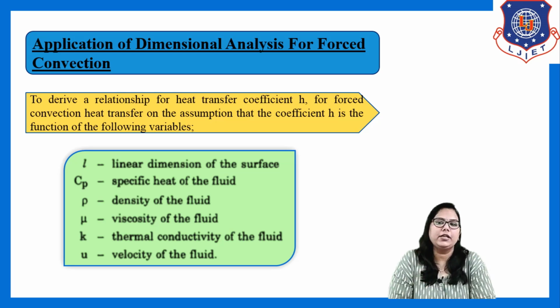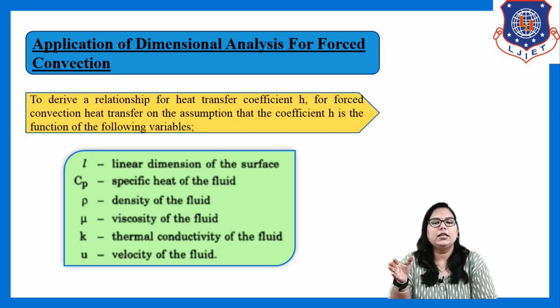Let's see what those variables are. L, which is linear dimension of the surface, Cp, specific heat of the fluid, rho, density of the fluid, mu, viscosity of the fluid, k, thermal conductivity of the fluid, and u is the velocity of the fluid.